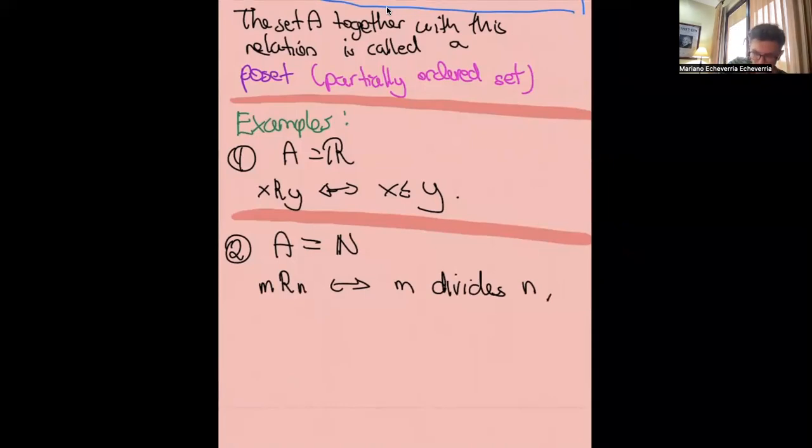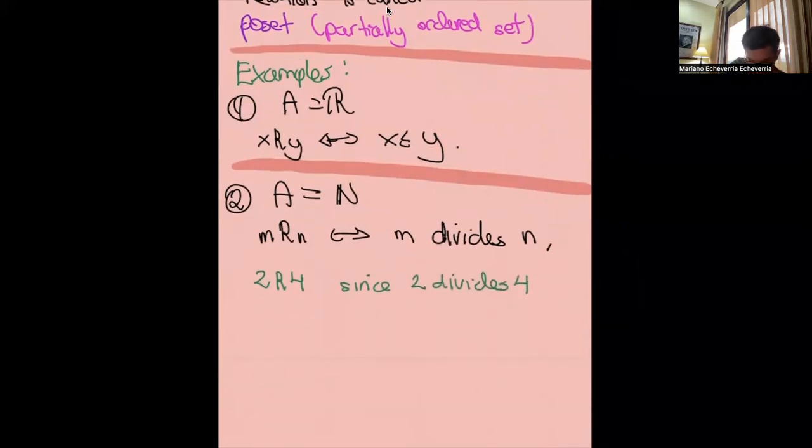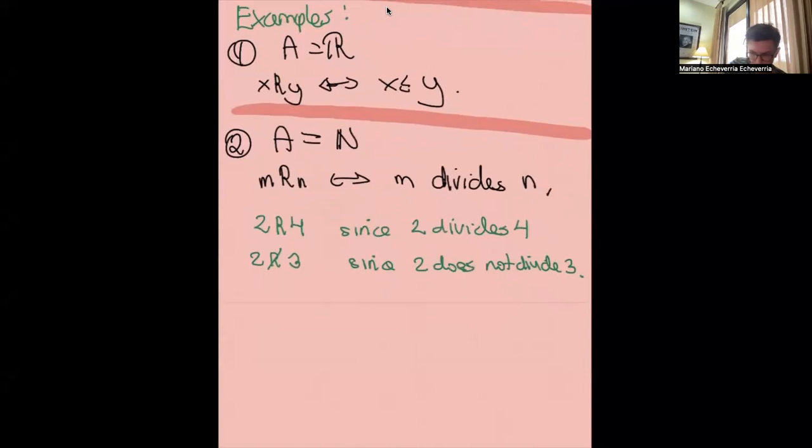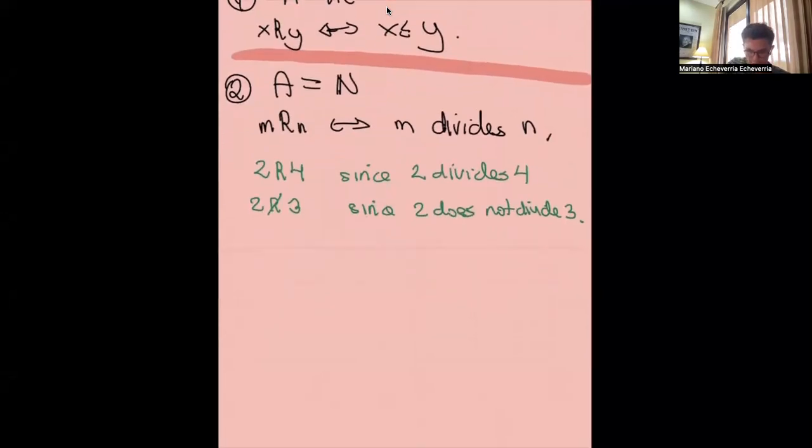Okay, so for example, 2 is related to 4, since 2 divides 4, but 2 is not related to 3, since 2 does not divide 3. And just as a reminder, what does it mean to say that m divides n? It means that n can be written as a product of m times another integer.